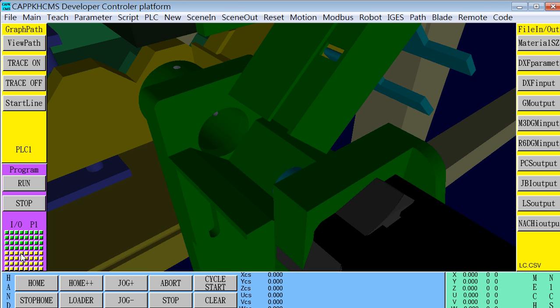As Y4 is on, 15 to the left, 15 up. Y4 off, back, on, off.